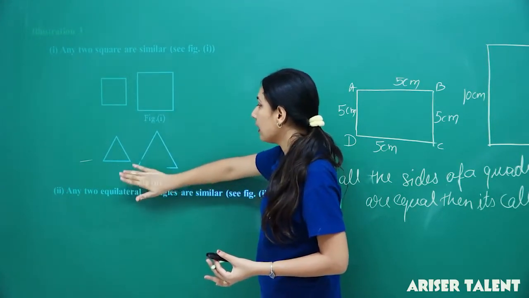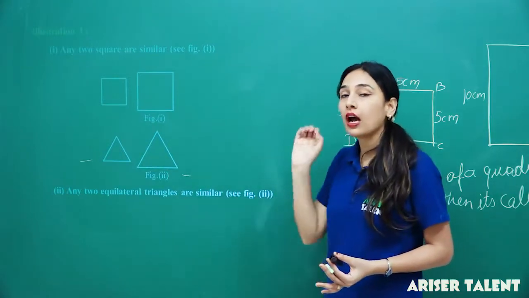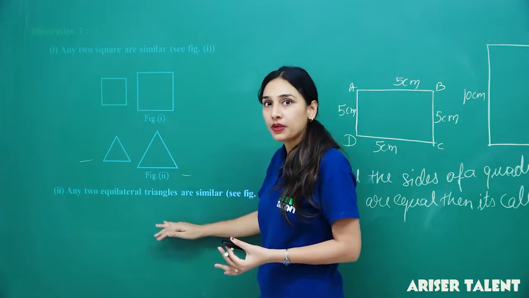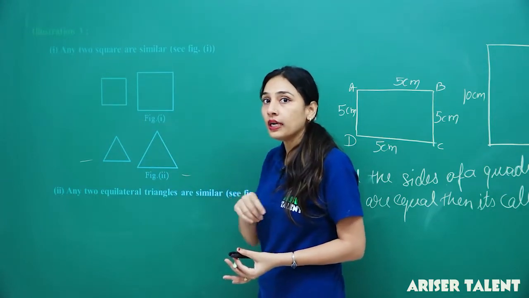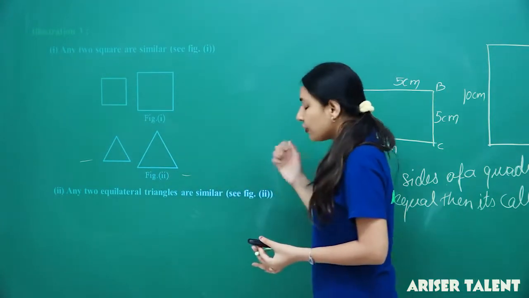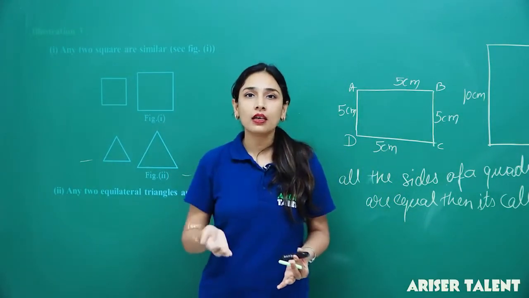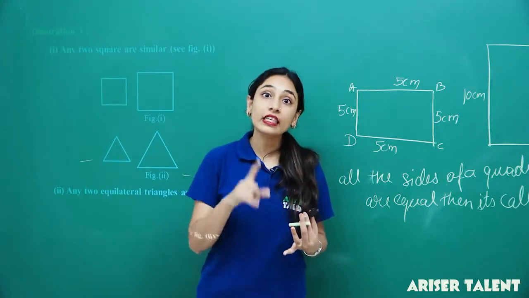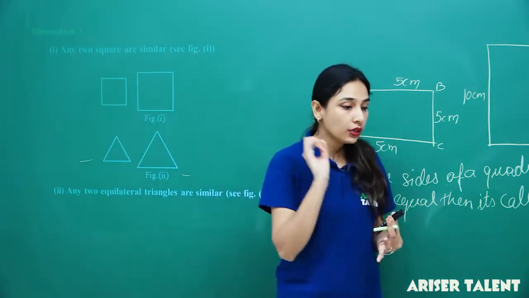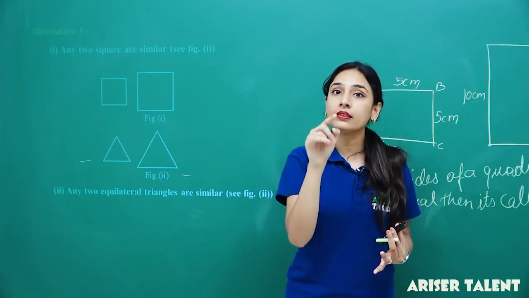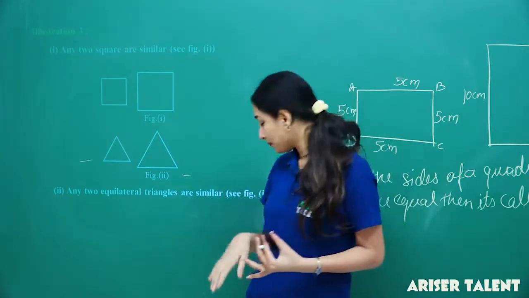Now, next, any two equilateral triangles. Now, coming to triangles, which is actually our chapter, you need to know that we have right angle triangle, then isosceles triangle, and then equilateral triangle. Now, in an equilateral triangle, you have all sides equal.